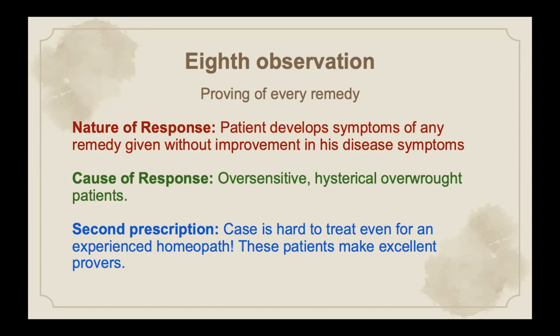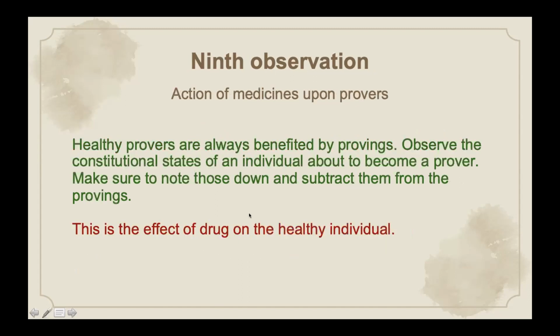In the 9th observation, he goes on to talk a little about that. He says to make sure to note the constitutional state of the individual before they become a prover, because you need to subtract that state, those symptoms, from the provings.